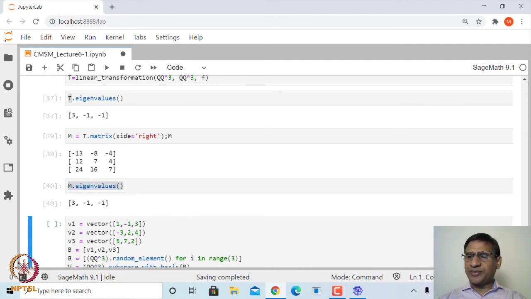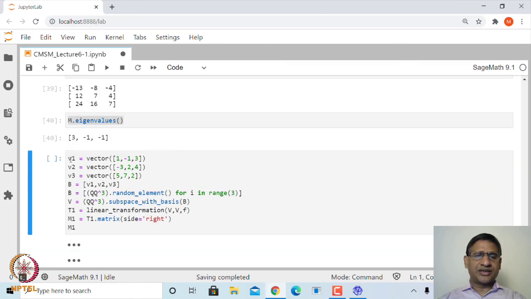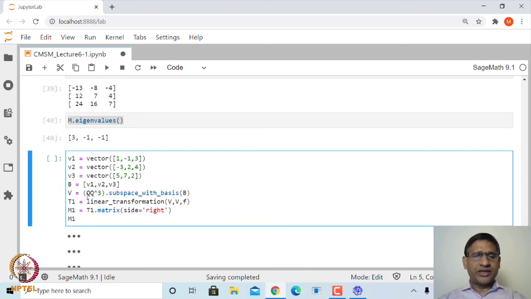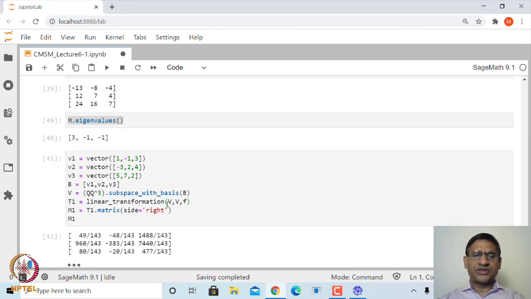However, if you change the basis, let us say V1, V2, V3, these 3 vectors, one can check that these 3 vectors form a basis of Q3. Let us define V to be the subspace of Q3 spanned by basis B, and then define a linear map T1 from V to V with the same image F, and find the matrix of T with respect to this particular basis.